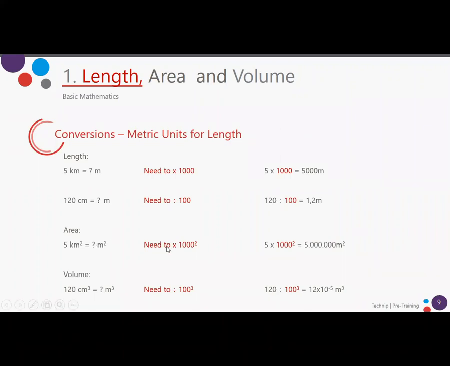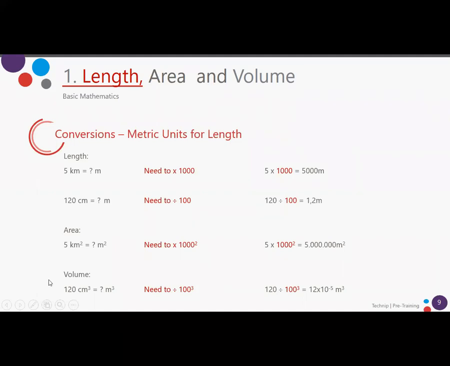So we don't have to multiply it by just 1,000, but we have to multiply it by 1,000 squared, or 1,000 to the power of 2. So 5 square kilometers are 5 multiplied by 1,000 squared, which will get you 5 million square meters.